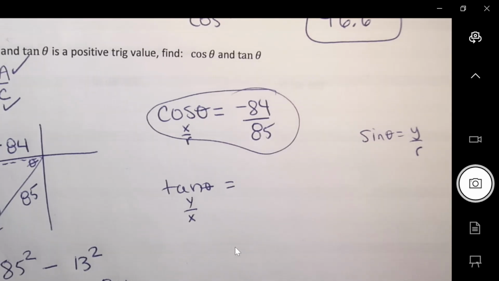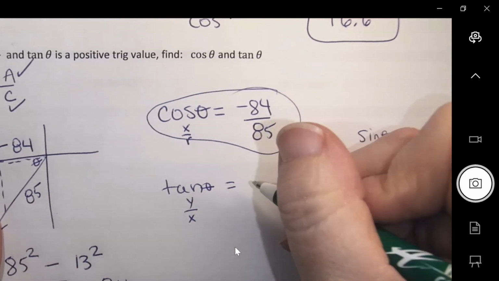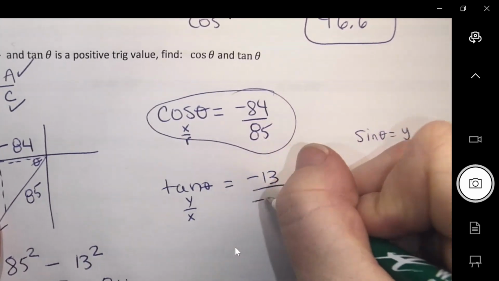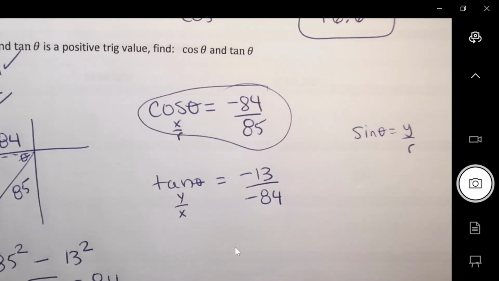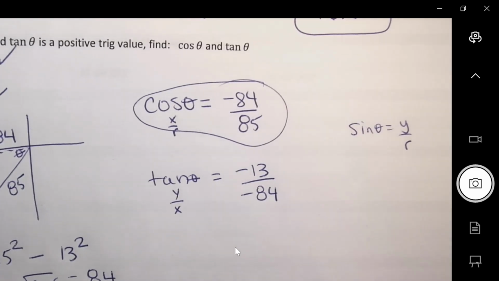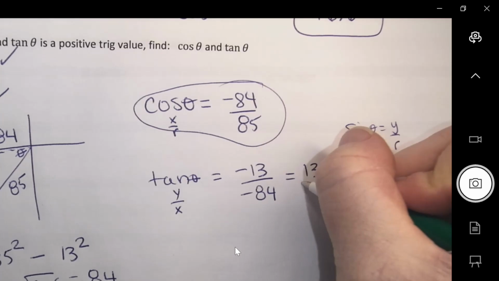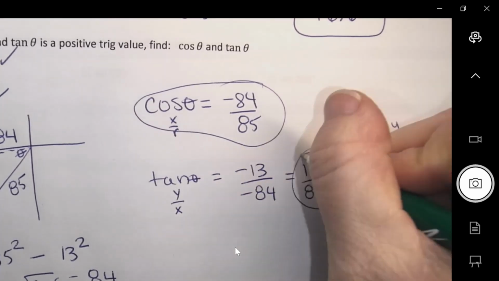If you're the SOHCAHTOA, it'd be the opposite over the adjacent. But I would rewrite that number to be a positive.